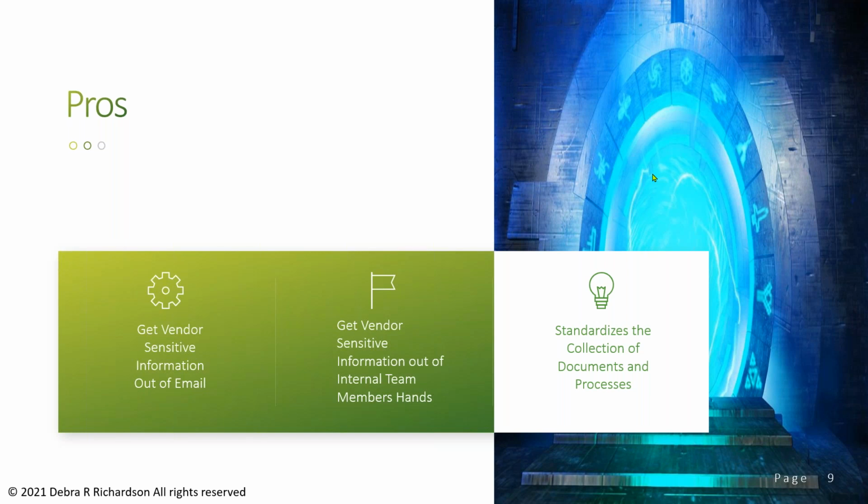Now, with a supplier portal, it will standardize how you collect the information, what information is collected, and if you have it feeding directly to your accounting system or ERP, then you don't have to worry about different processes to add or update an existing vendor that you need to teach to your vendor team.